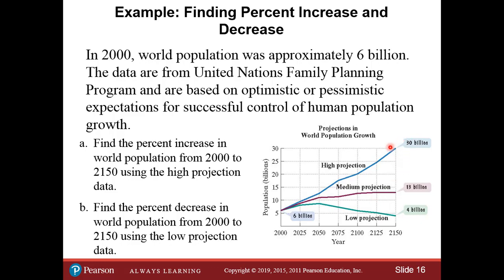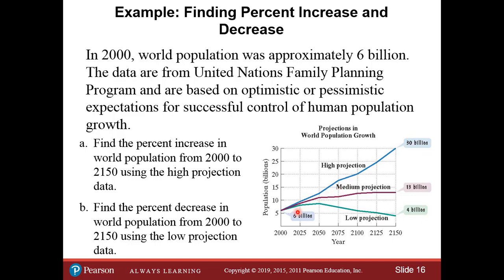So what we do is we take the final amount, right? How much it increased. So the final amount minus the original amount, or final minus initial, divided by initial. So we're going to take 30 billion minus 6 billion, which is going to give us what? 24 billion.